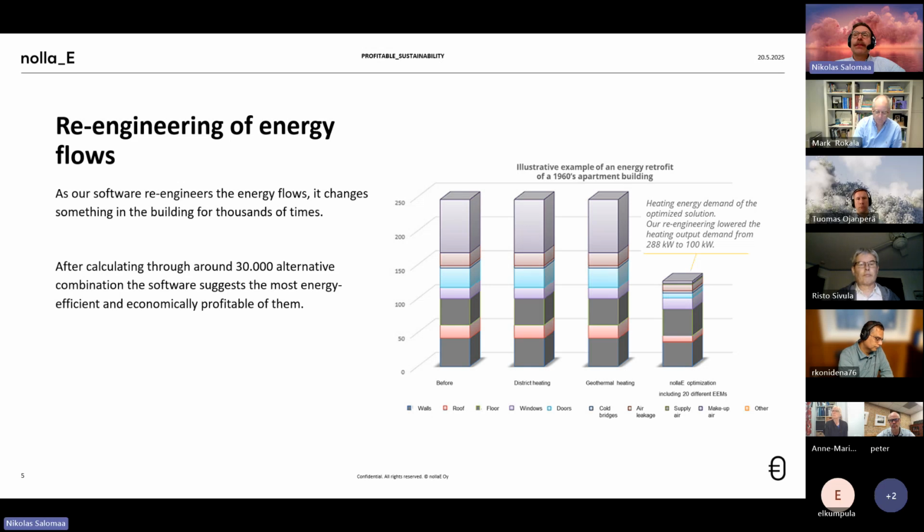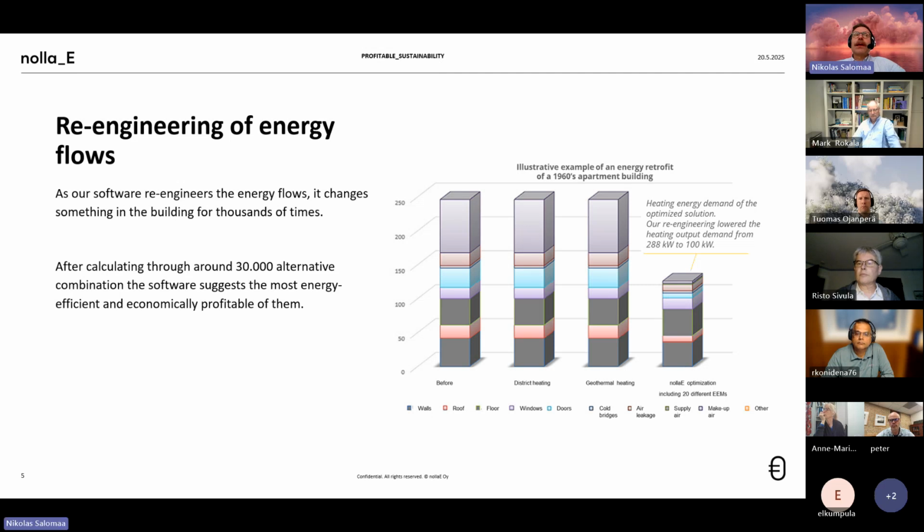And when it has calculated every hour of that year, it starts again, but changes something else, and goes on for hundreds of times, and for bigger buildings, 1,000, because that's the amount of different things you can do to make the energy efficiency better in a building. After calculating them separately, it starts combining them, and then again calculates for every combination the whole year through, 1 hour at a time.